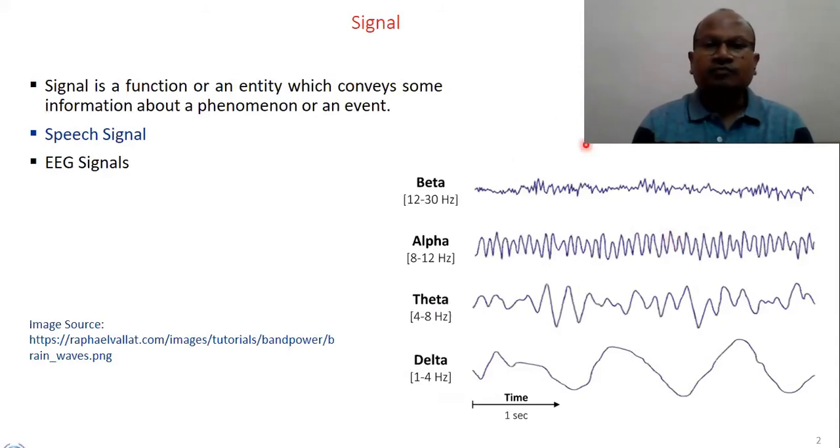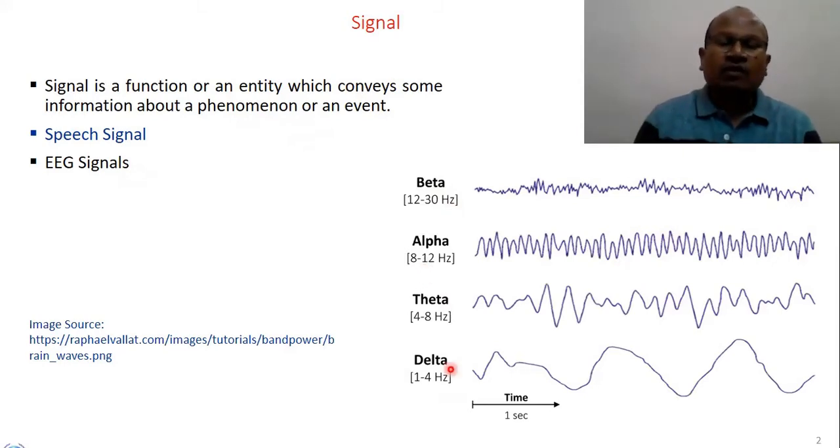To begin with, let's understand again what a signal is. We know that a signal is an entity or a function that conveys some meaningful information about a phenomenon or an event. For example, speech signals and EEG signals: beta, alpha, theta, delta, gamma.